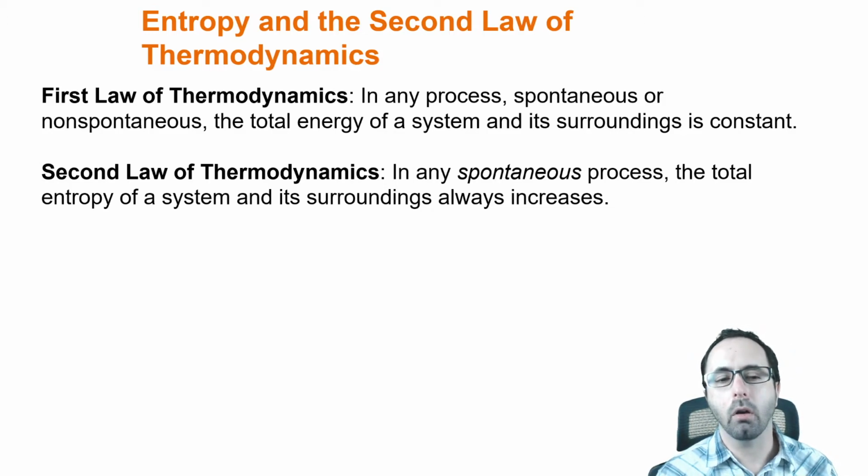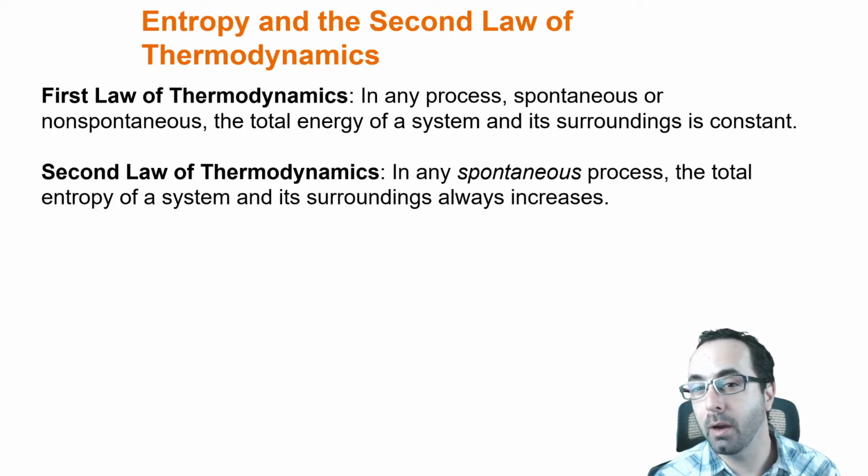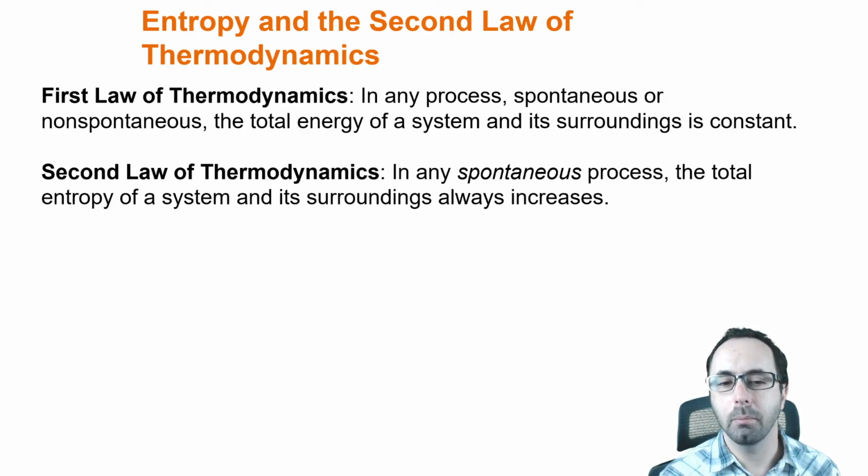This is often called the law of conservation of energy. Now, this only applies to chemical reactions. It doesn't apply to nuclear reactions because of E equals mc squared. Energy and mass have some kind of equivalence. But for all chemical reactions, the energy of a system and its surroundings is constant.